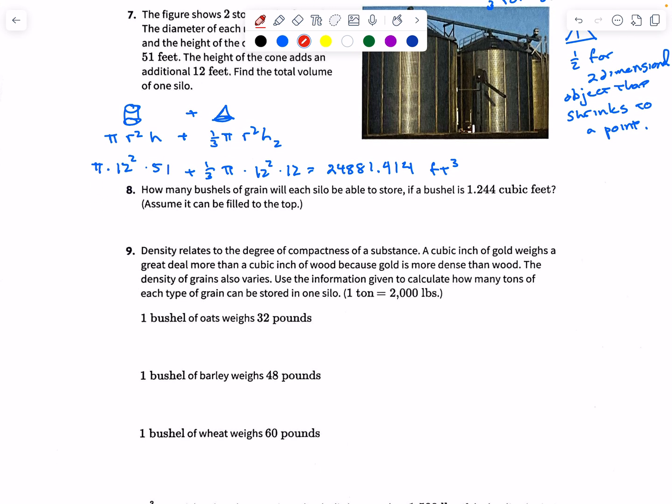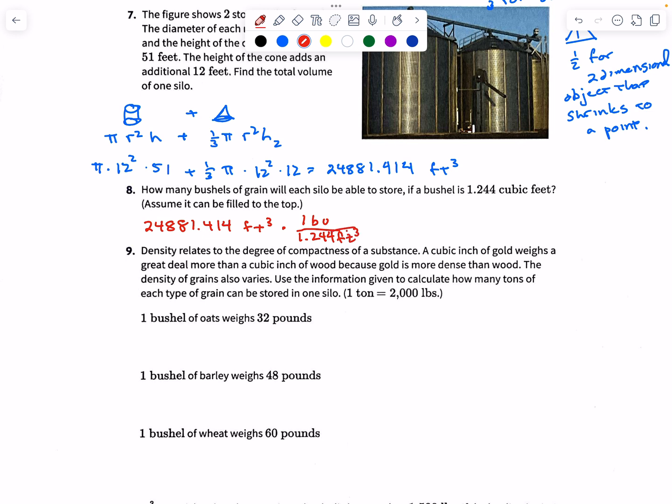Each bushel is 1.244 cubic feet. So 2488 feet cubed times 1 bushel per 1.244 cubic feet.